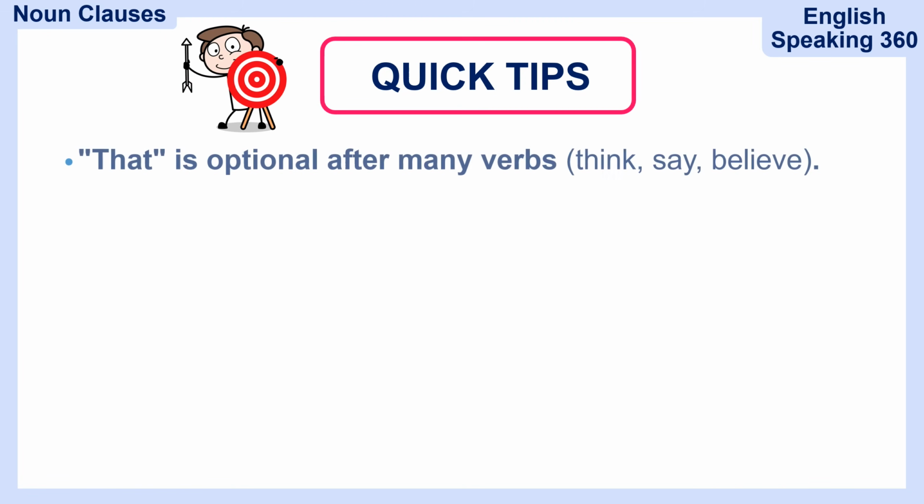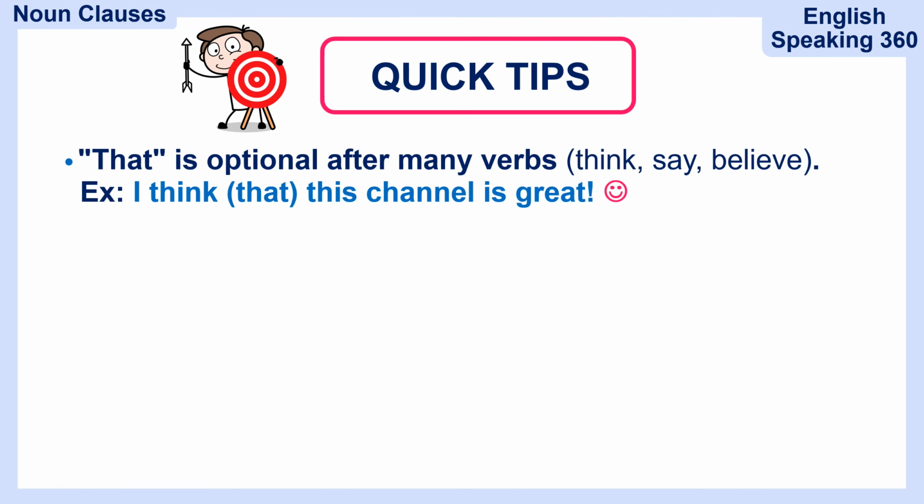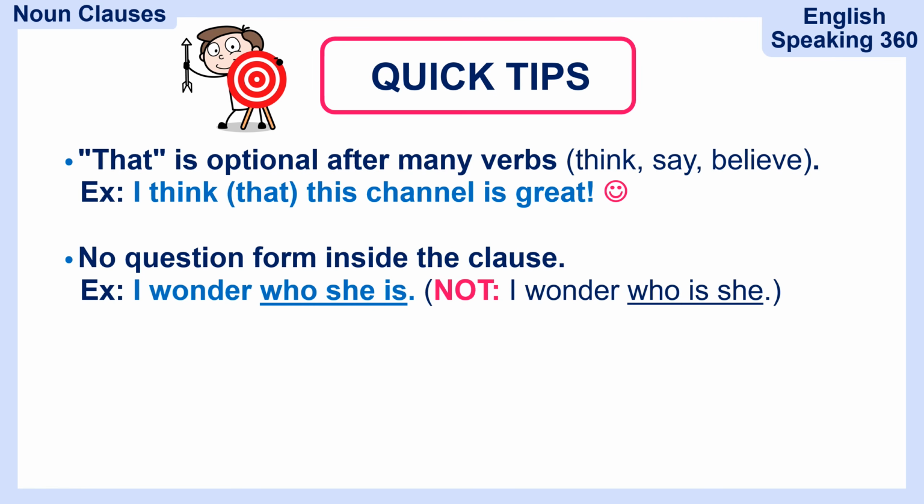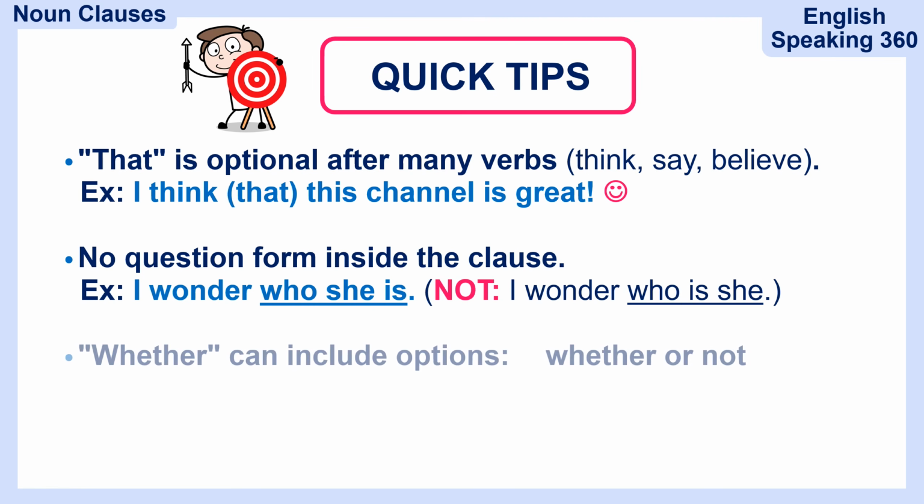Quick tips. Remember that is optional after many verbs like think, say, and believe. For example, I think that this channel is great. You could also say, I think this channel is great, and you would be very right. Don't forget to subscribe. No question form inside the clause. This is the biggest mistake that students make. I wonder who she is, not I wonder who is she.